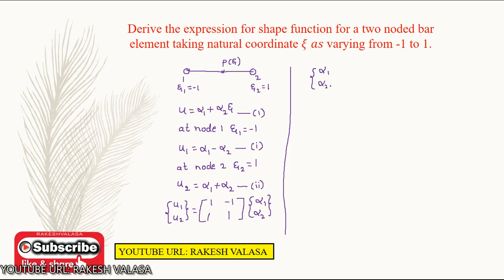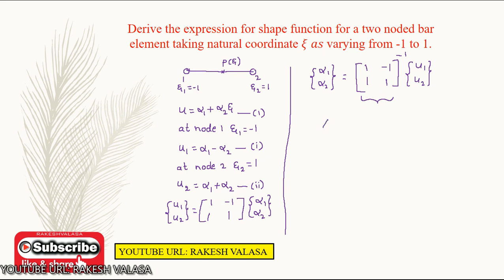Alpha 1 alpha 2 equal to, when this matrix goes outside, its inverse, that means the inverse of the matrix 1 -1, 1 1, into the displacement vector u1 u2. Now simplify this matrix, 1 -1, 1 1 inverse.